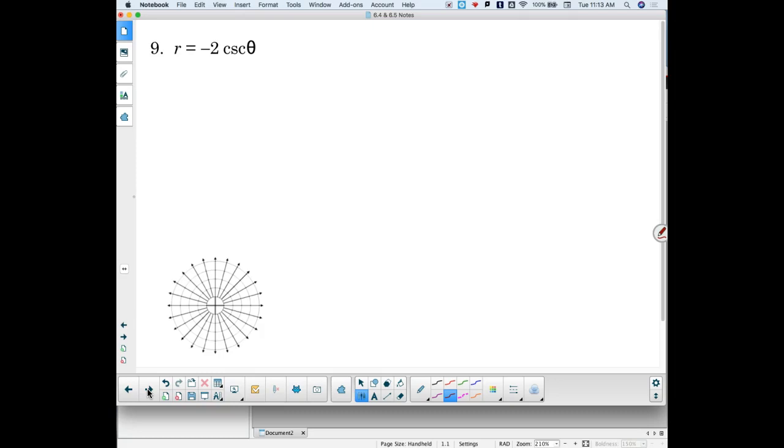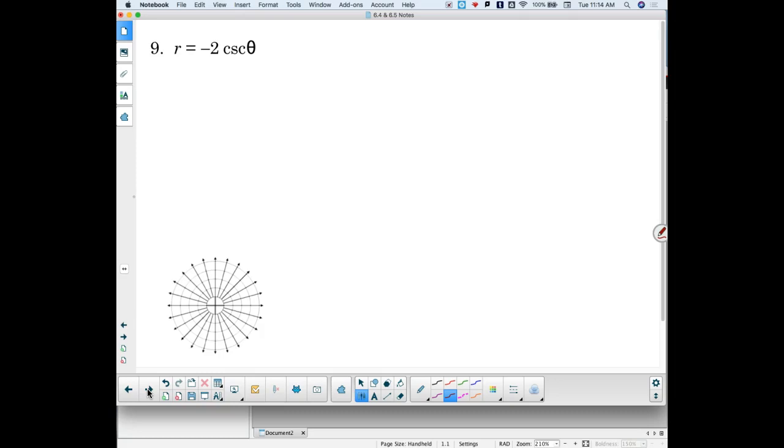Still we need something with an r and some trig in it. x equals r cosine theta. And what's the other one? y equals r sine theta. Those two include r and a trig function, right?